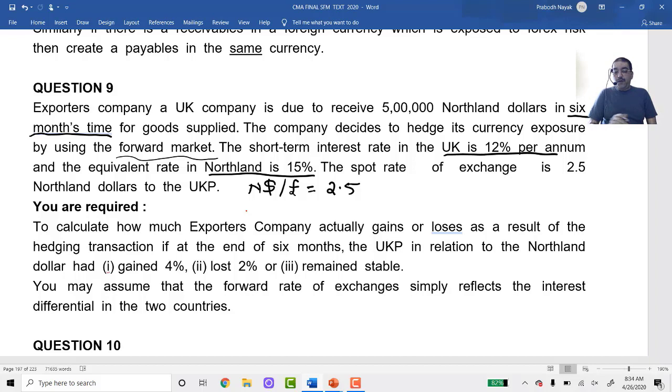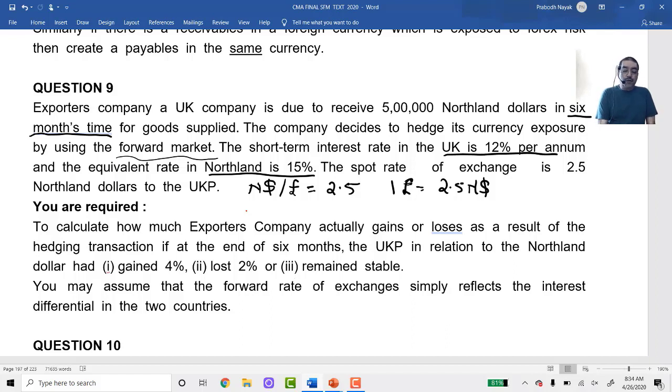When I am solving this type of question with interest rates given, I say 1 pound is equal to 2.5 Northland dollars. Now, to calculate how much the exporters company actually gains or loses as a result of the hedging transaction, consider three cases at the end of 6 months.